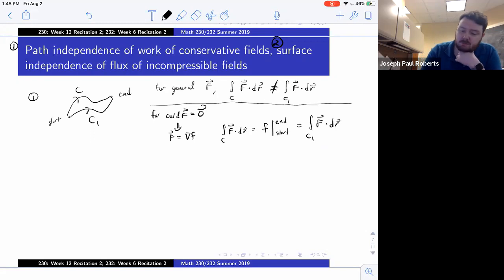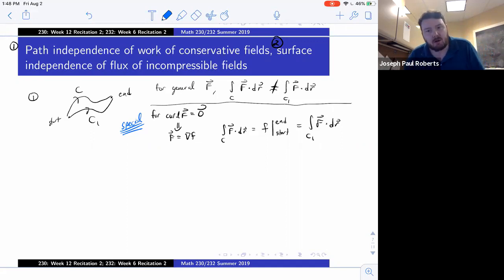So for special vector fields, not all vector fields have 0 curl. Remember, we could play around with Clairaut's theorem to understand why 0 curl is important for having an anti-gradient.